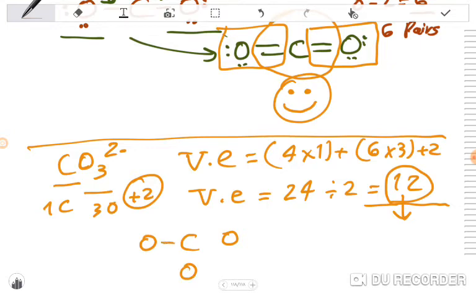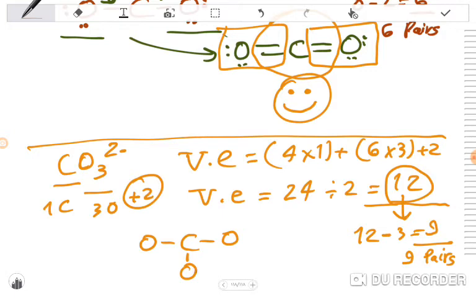We know that in the first state we have a single covalent bond between carbon and oxygen. 12 minus 3 is equal to 9. We have 9 lone pairs of electrons.